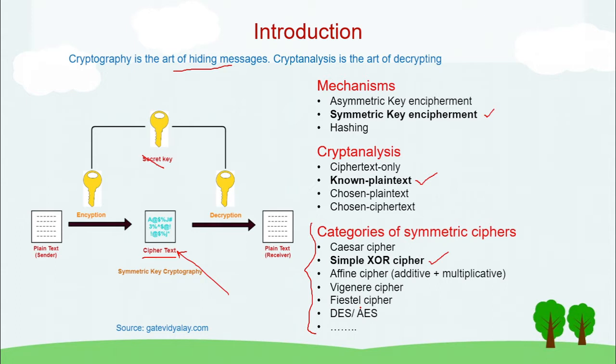So that's the important thing to be noted. I'll also try to touch upon a type of AES so that you have a better understanding of the various processes involved in AES or any other symmetric cipher. Okay.